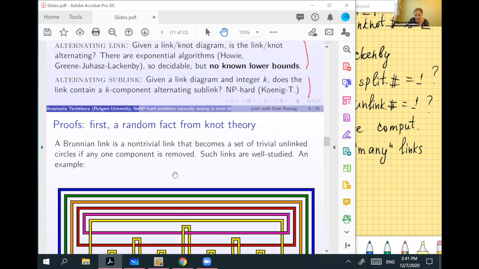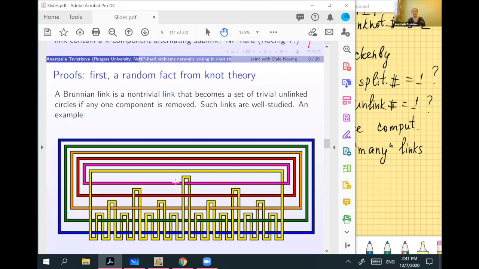All right, before I go to proofs, and I want to show unlinking and splitting reductions, let me show you a kind of random, but, as you'll later see, not so random, fact from knot theory. You see a picture of something called a Brunnian link. This is a non-trivial link. However, if I remove any of its components, any color I take away, I will have an unlink, just separated disjoint circles up to isotopy.